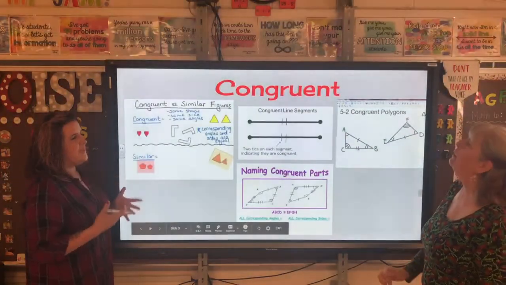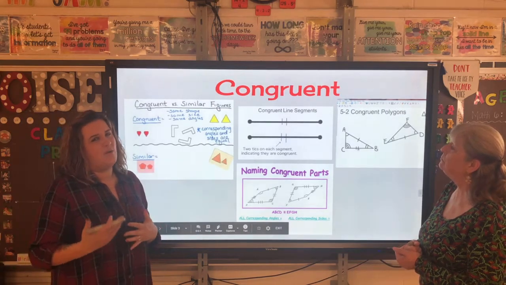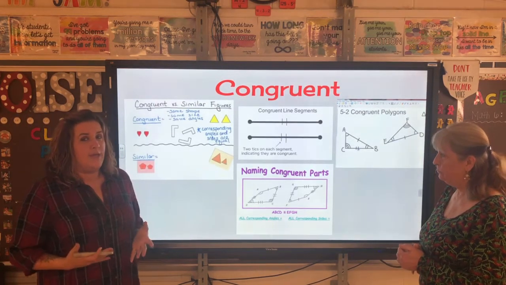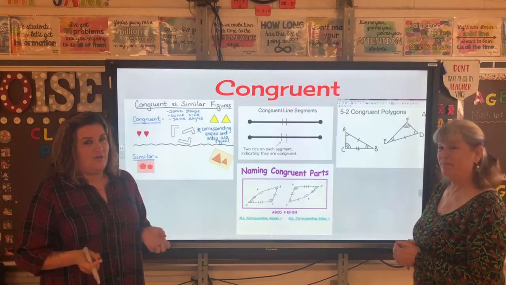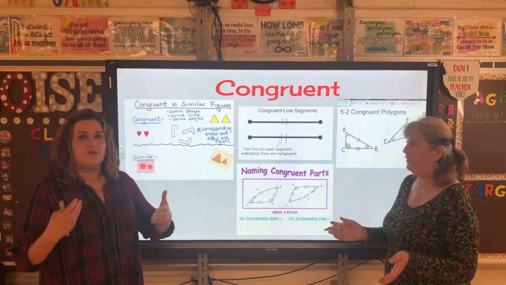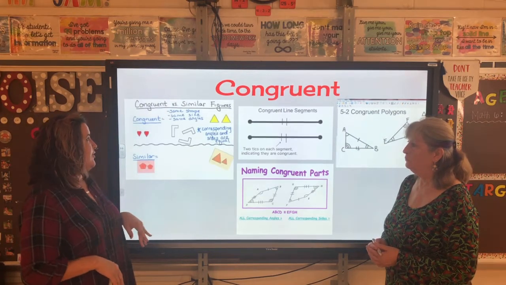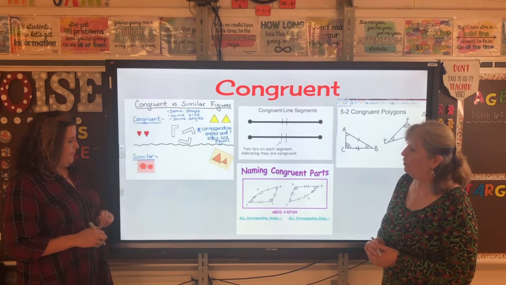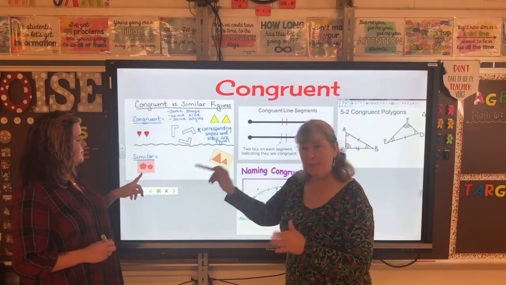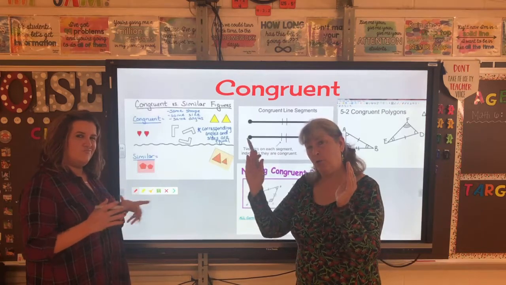What does it mean to be congruent, and what does it mean to have a corresponding part? So the word congruent means identical, like same size, same shape, same measurement, right? So congruents are like equal, totally identical. Similar is the same shape, but one is bigger or smaller than the other one.